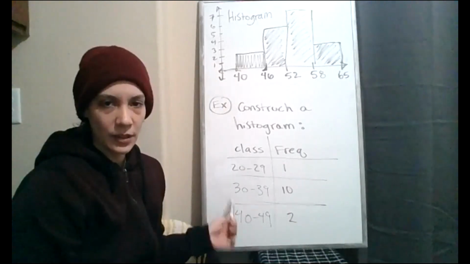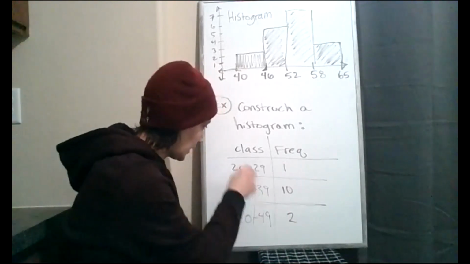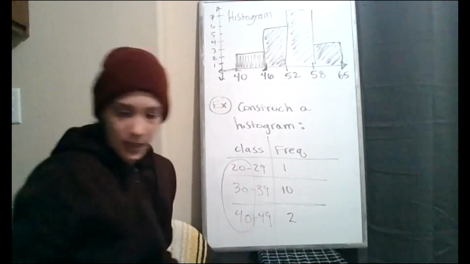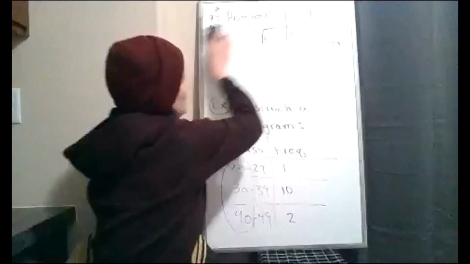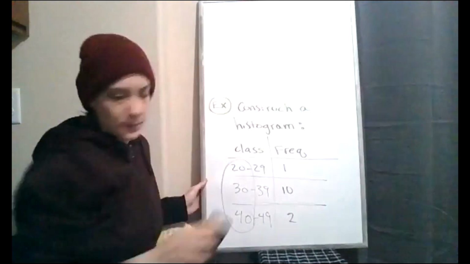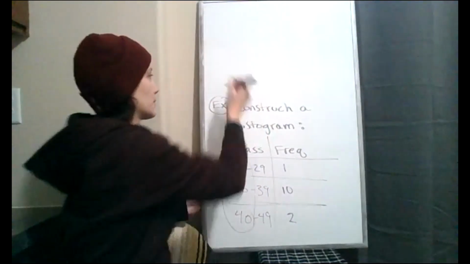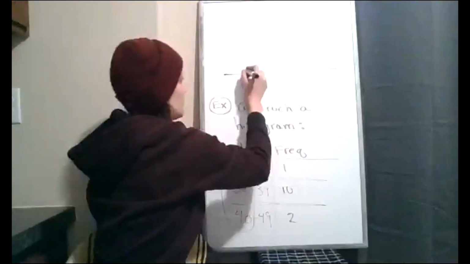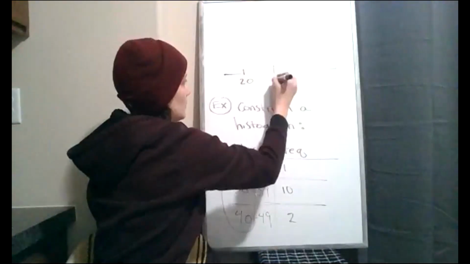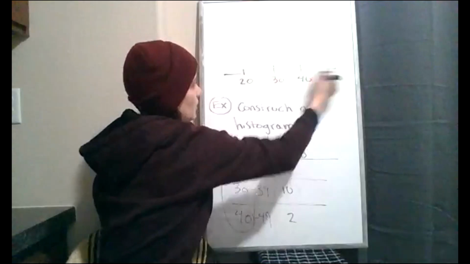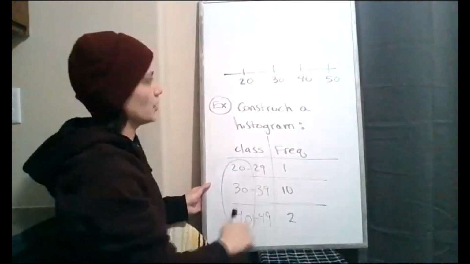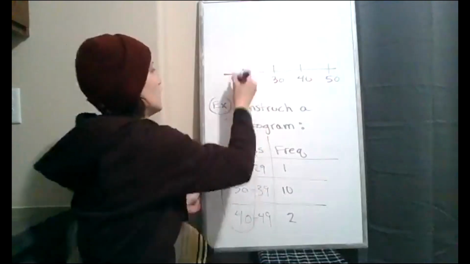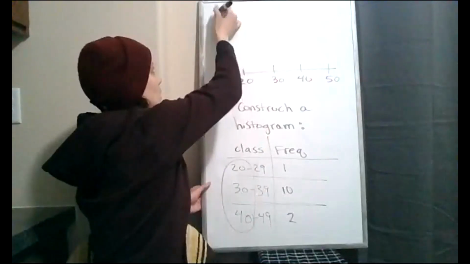So mark 20, 30, 40 on a number line, like this. Actually, I also always put 50. It goes up close to 50. 10. Let's go like 5.